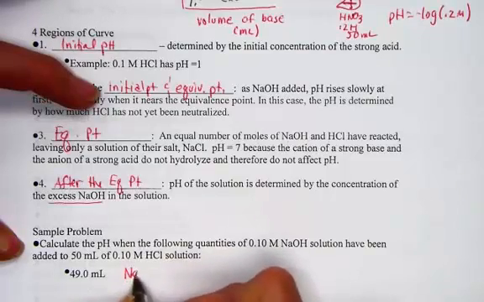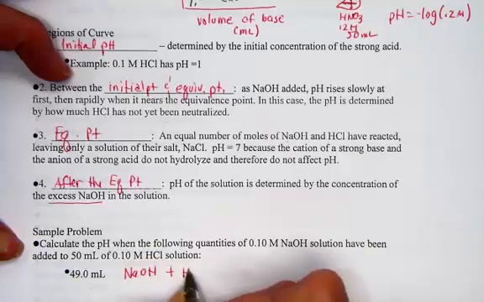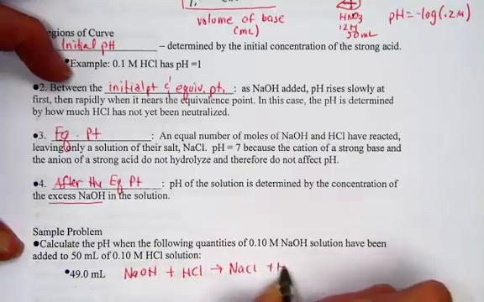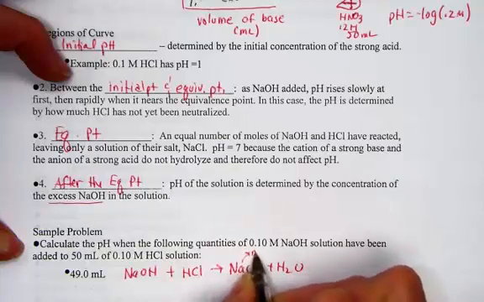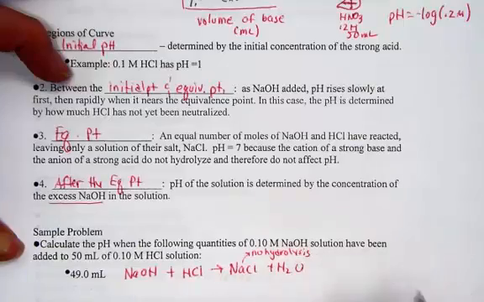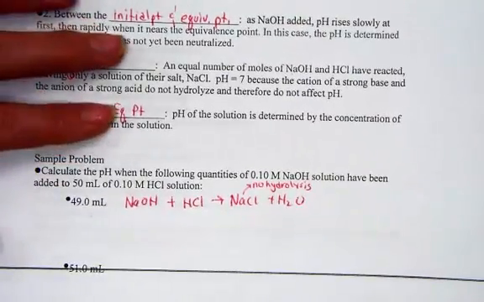Let's start by considering the stoichiometry. If NaOH is being neutralized by HCl, we understand sodium chloride and water are the products, and this salt does not undergo hydrolysis. So therefore, it has absolutely no effect on the pH of our solution as it's forming.